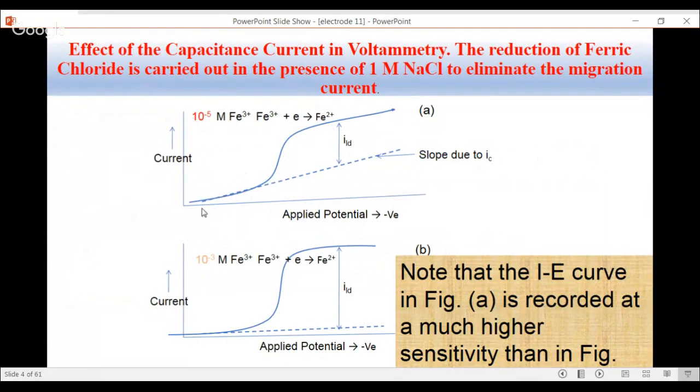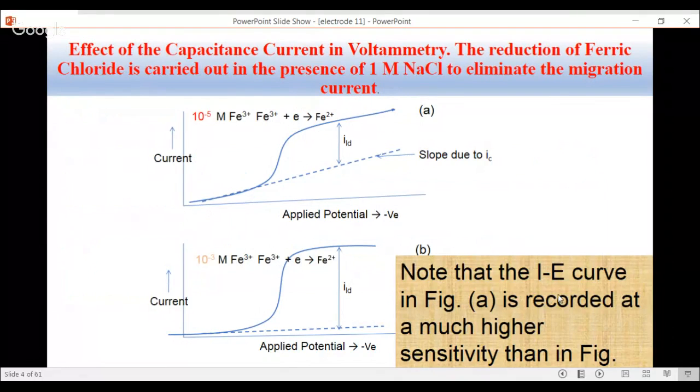Now, for this S-shaped curve, we have to look at the charging that is taking place in the initial part, where there is no chemical reaction of the depolarizer, or electroactive substance. So therefore the charging is due to other reasons. The magnitude of the charging is higher in this and lower in this. We will not worry about it.